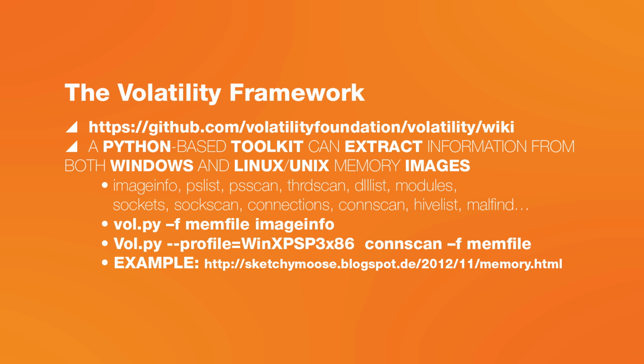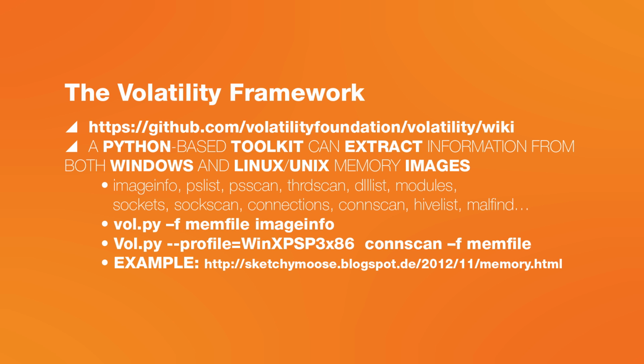So here, the given memory is called memfile. The imageinfo output tells you the suggested profile of the image, for example, WinXPSP3x86. You will pass on this parameter when you run other plugins.